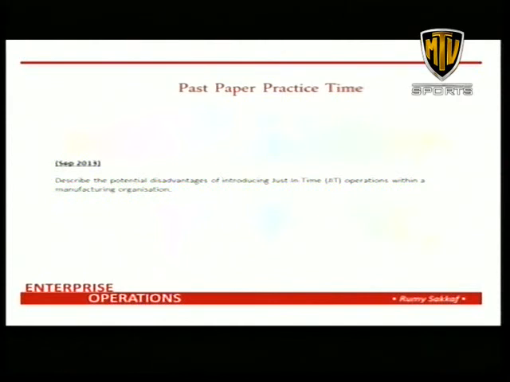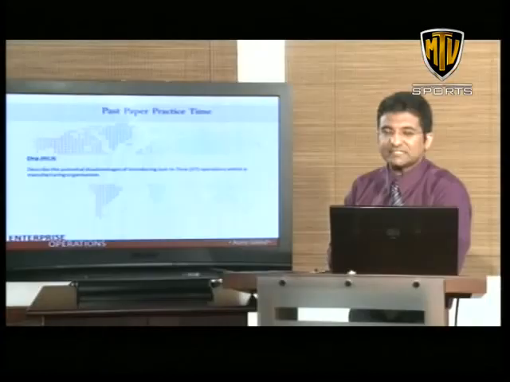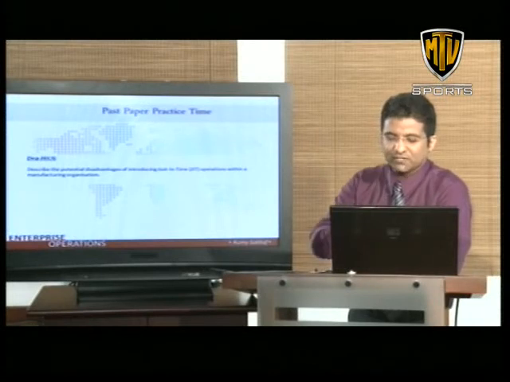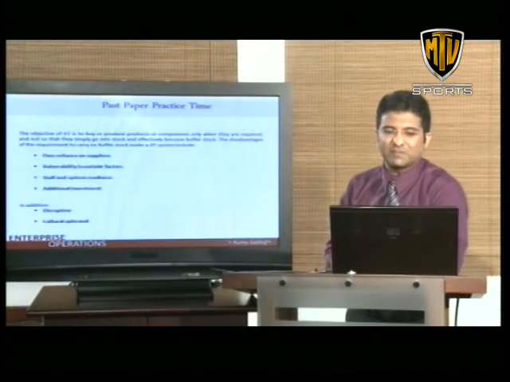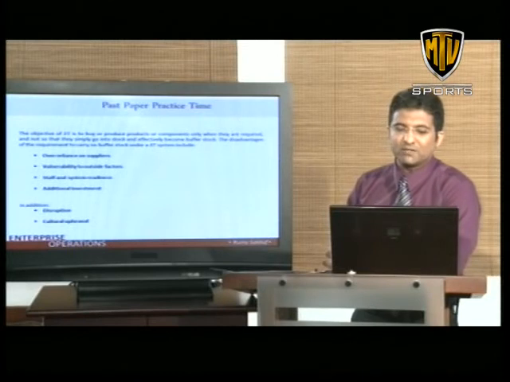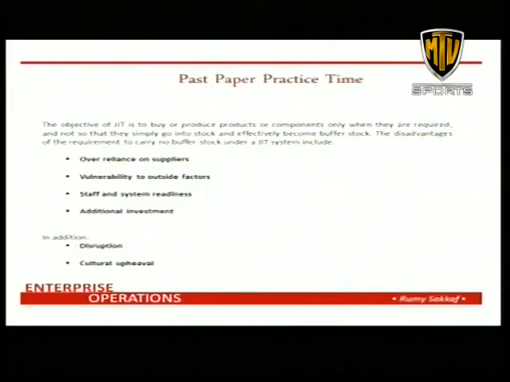Here the examiner's main concern is the disadvantages of introducing just-in-time. So the examiner's answers, number one, over-reliance on suppliers. Of course, when we have an over-reliance on suppliers, sometimes suppliers' delays can cause major problems in our operations.